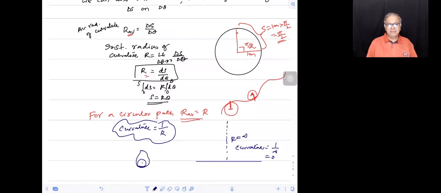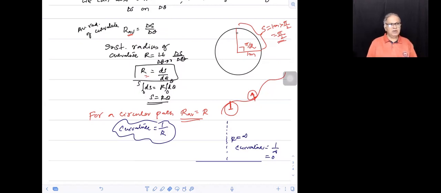So pointed edges have more curvature and flat edges have less curvature. Do you follow my point? Pointed surfaces have more curvature, which is intuitively very easy to understand.